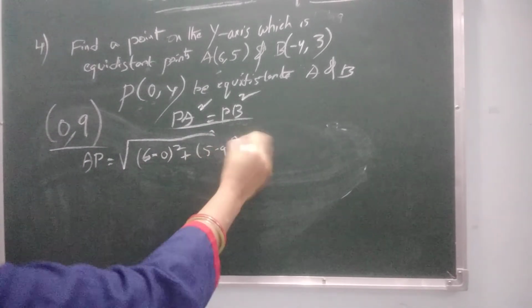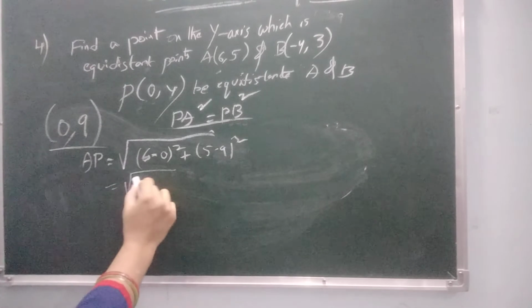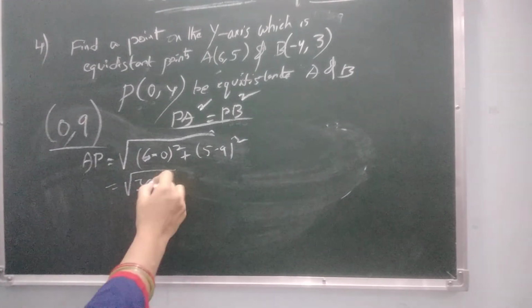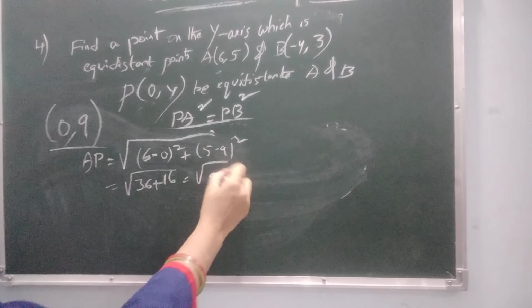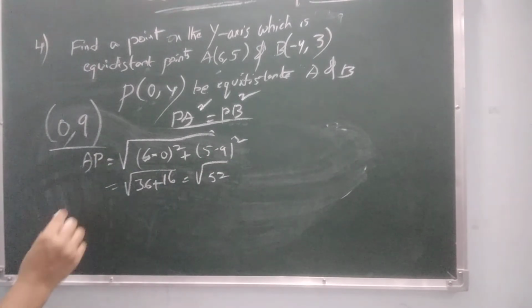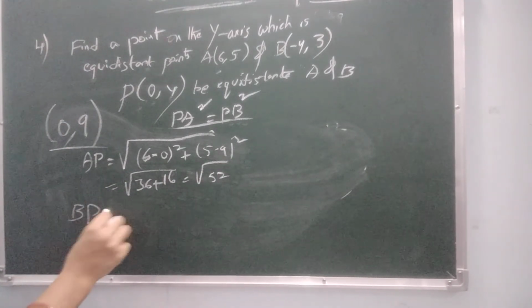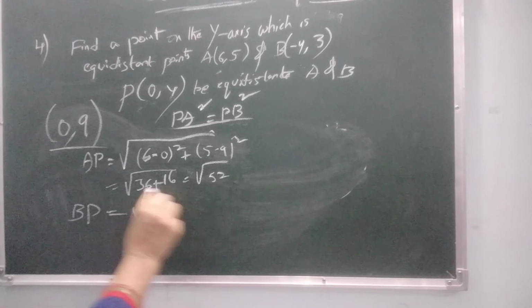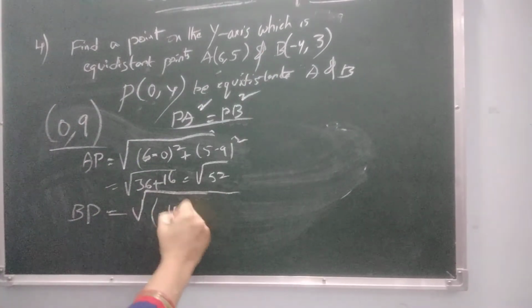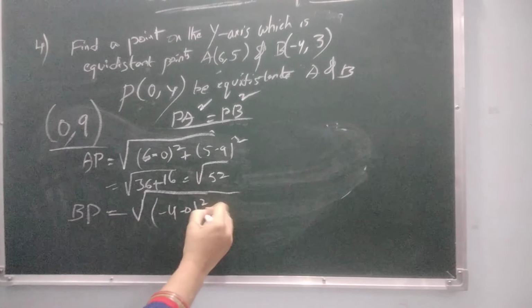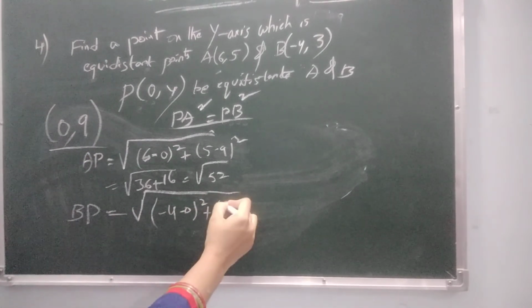That means 6 square 36 plus 5 minus 9, 4 square, 16. That means root 52. Okay, next let's check BP. B point and P point. B point is minus 4 minus 0 whole square plus 3 minus 9 whole square.